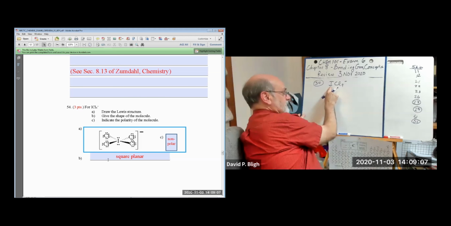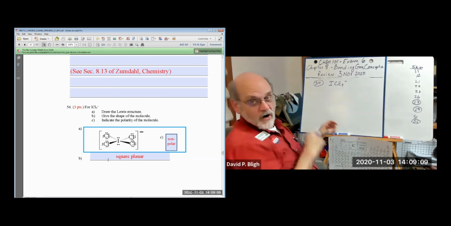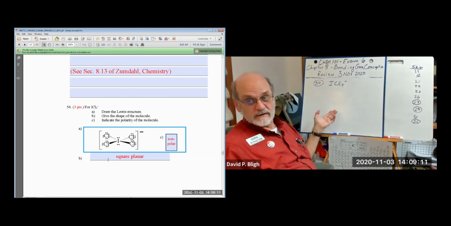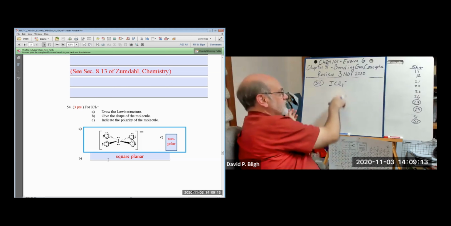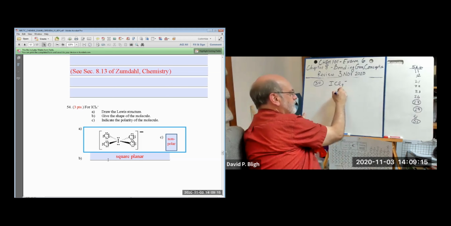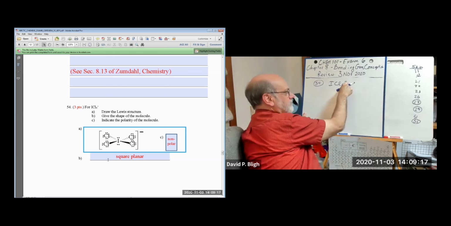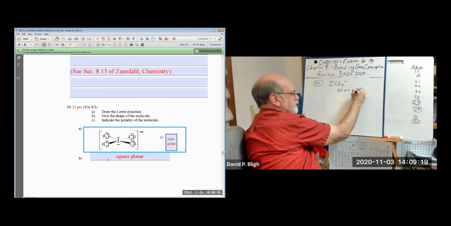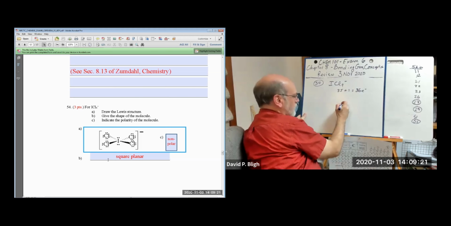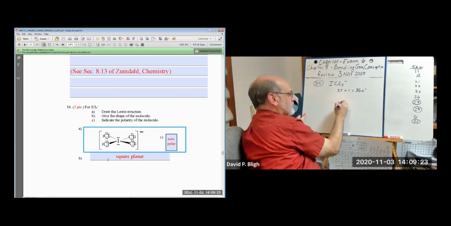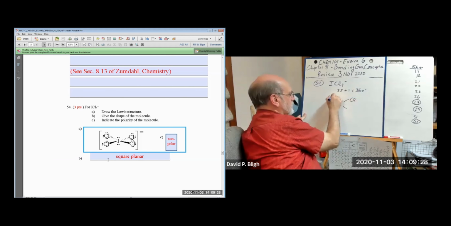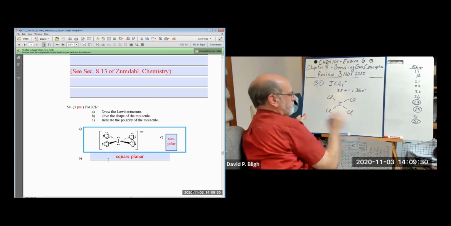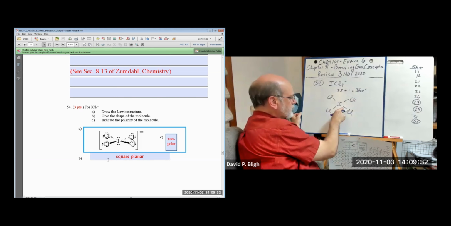So what's that? They're all halogens, so they have 7 valence electrons each. So it's 5 times 7 is 35, plus 1, 36 electrons. Okay, iodine's going to be in the center. Chlorine's around, like that. 2, 4, 6, 8.